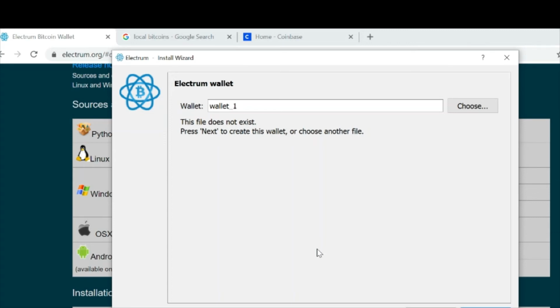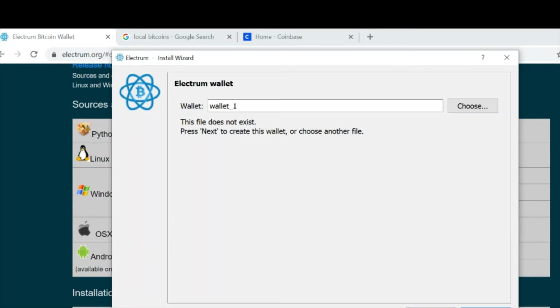So that's a way of recovering your wallet. As long as you know your seed, you don't even have to retain this software. You can just uninstall it and forget about it. Even in 10 years' time, once you come back and recover your wallet, as long as you have that seed, you can always do that.